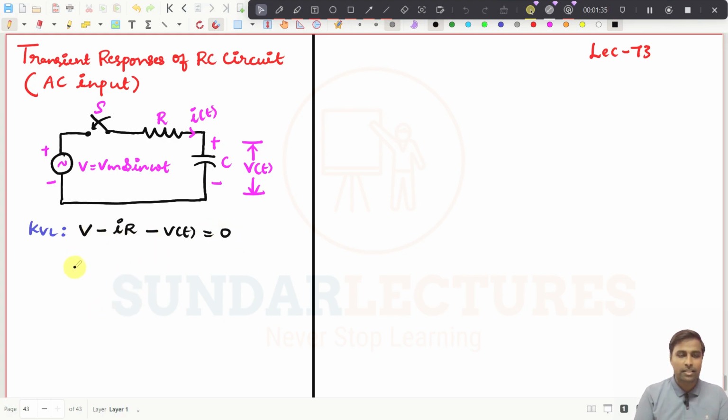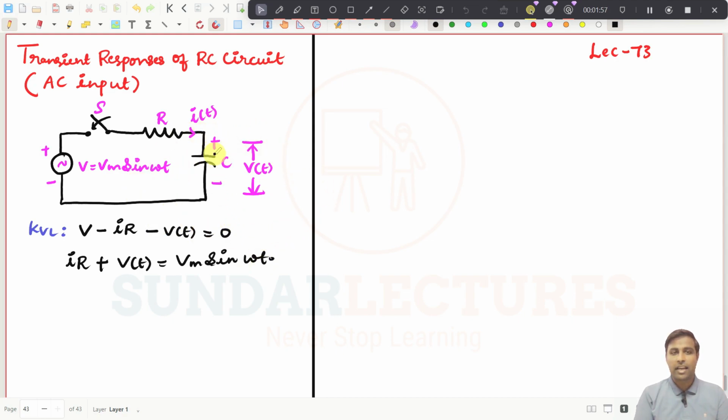If you are writing the expression, you will get I of t R plus V of t, bringing both terms to the other side. And what is the value of V? V will be equal to Vm sin omega t. And what is the current in the capacitor?